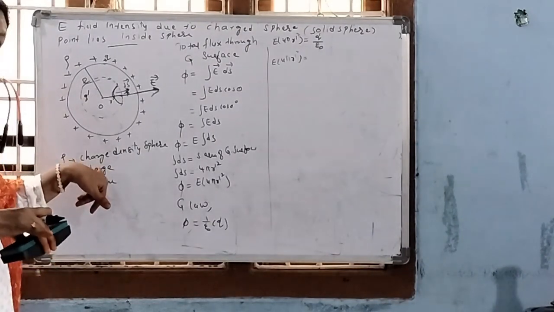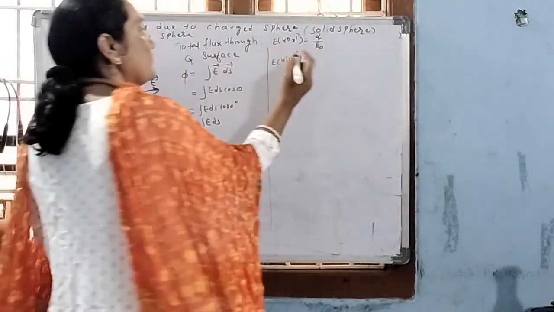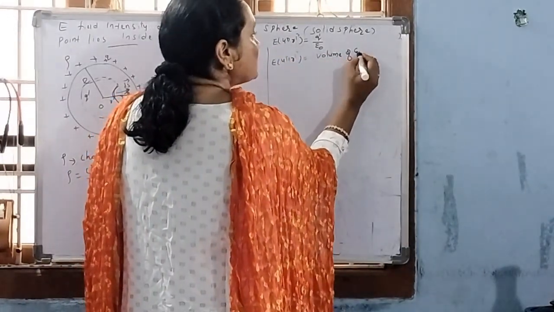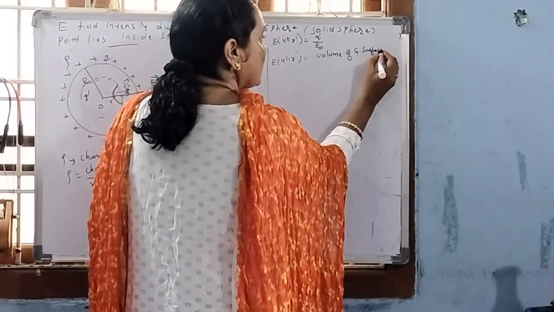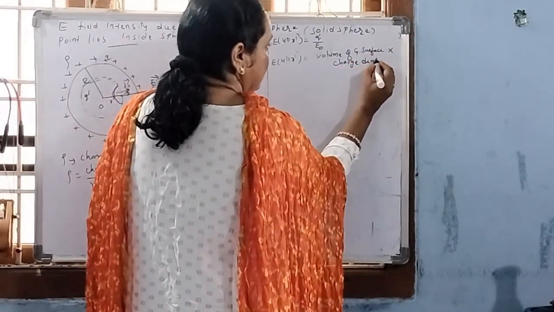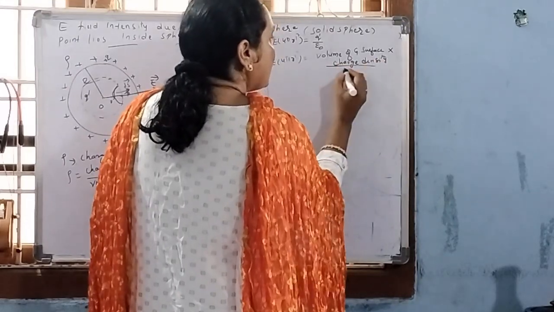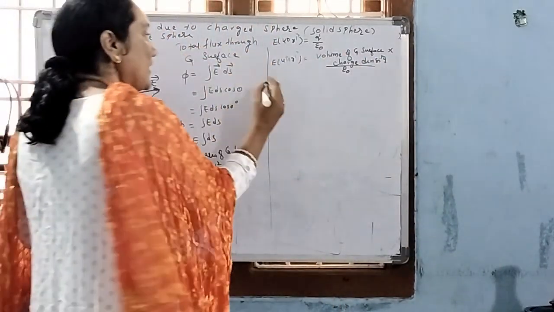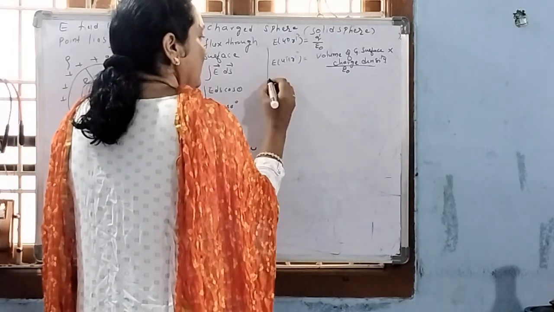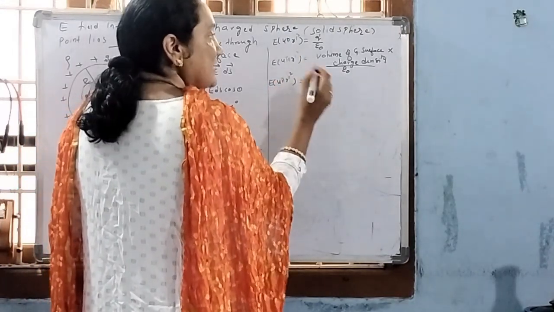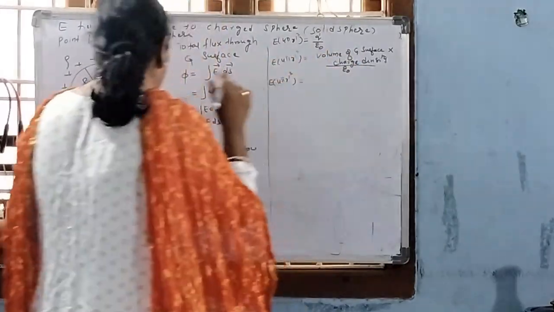From this formula, charge is equal to volume of Gaussian surface into charge density by epsilon naught. Now next, E 4 pi r dash square is equal to volume of Gaussian surface.